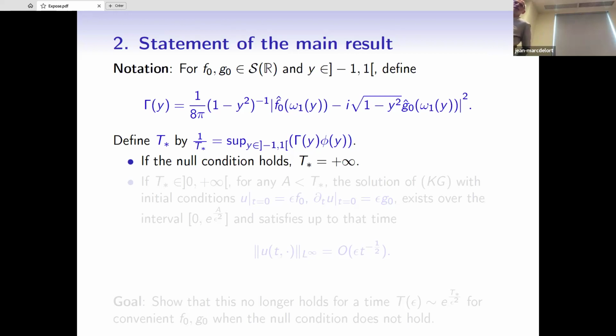Is it on the characteristics, the condition? No, not really. This f0 and the g0 are any functions.